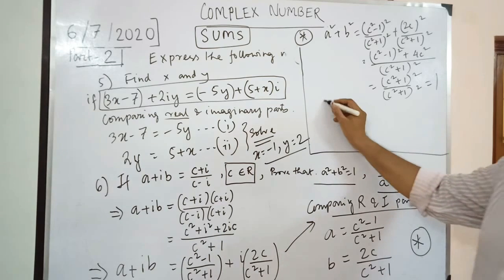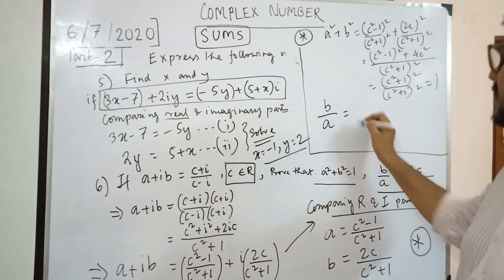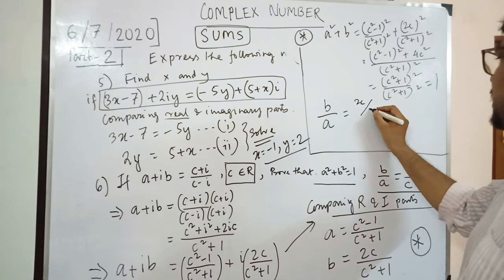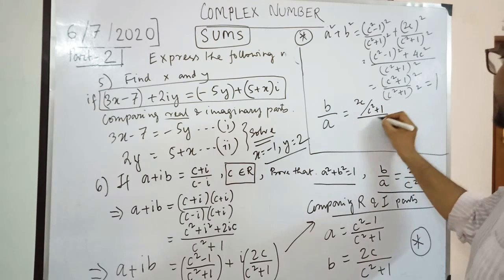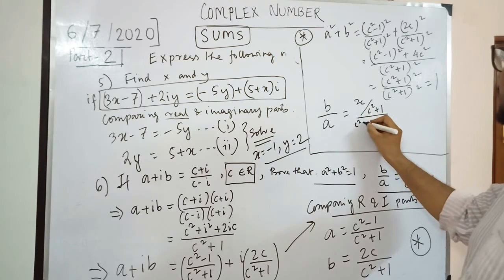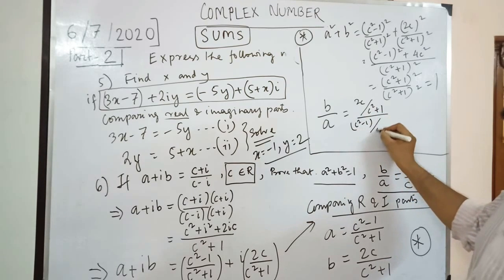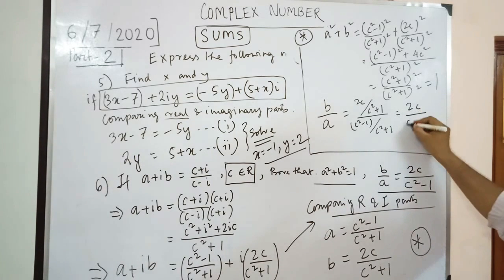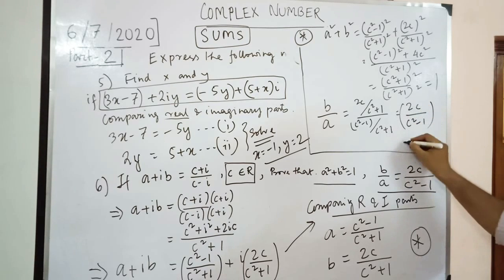Now if you divide b by a, just divide b by a. What is b? b is 2c by c square plus 1, and a is c square minus 1 by c square plus 1. So c square plus 1 gets cancelled, so you get 2c by c square minus 1. So this is also proved.